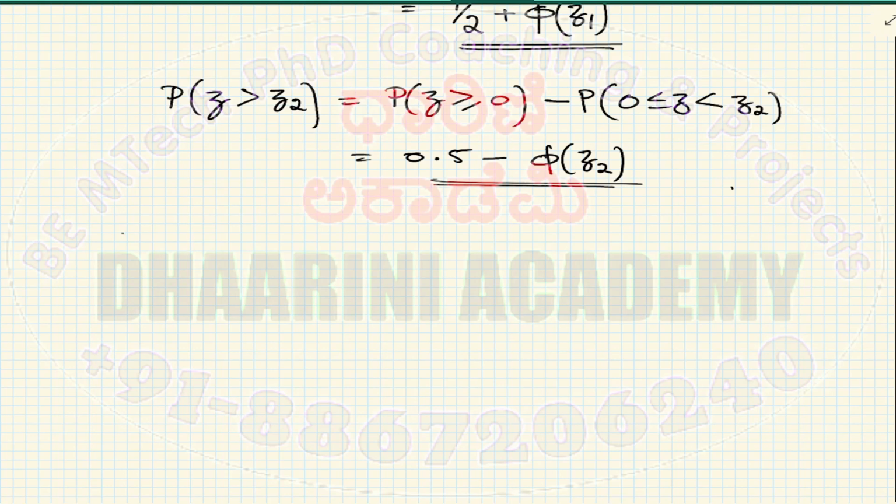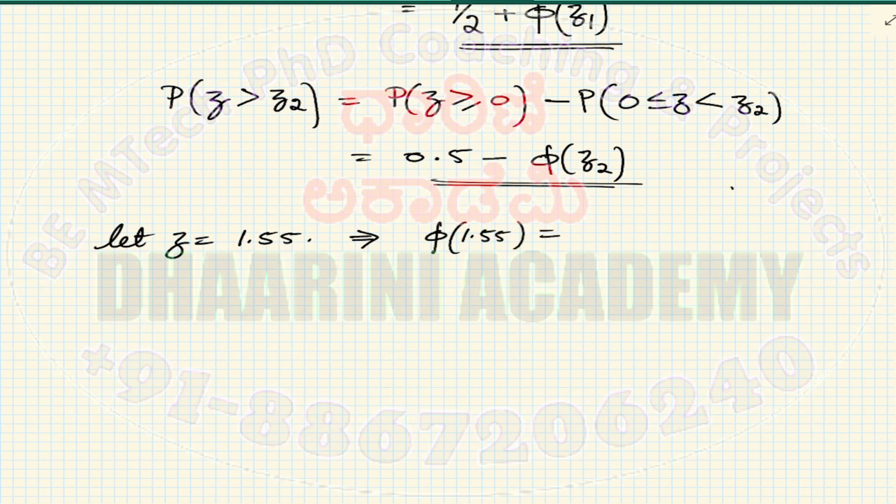Let's say we got a z equal to 1.55, and let's use the table to calculate the phi of 1.55. This is 0.4394 directly coming from the table.